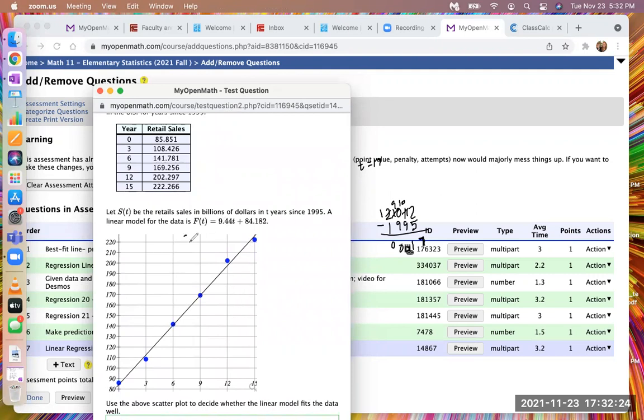So I put 230 in for the F of T equals 9.44 T plus 84.182, and then subtracting 84.182 from both sides.